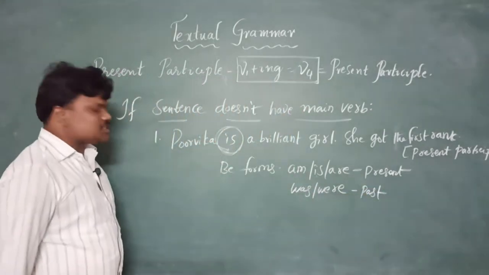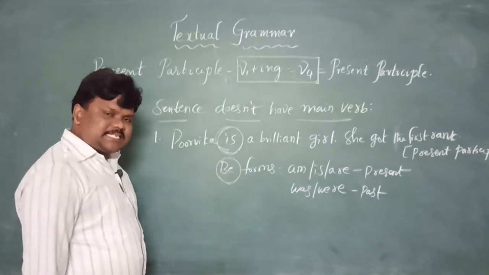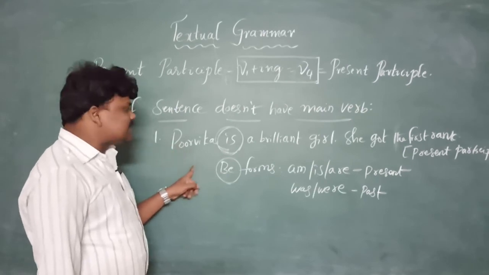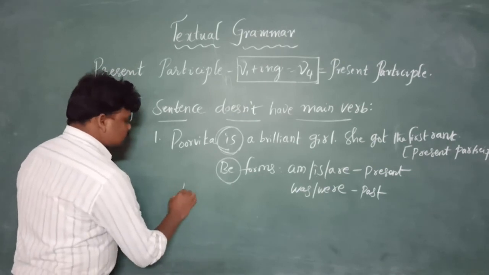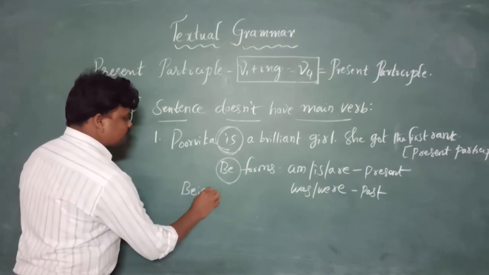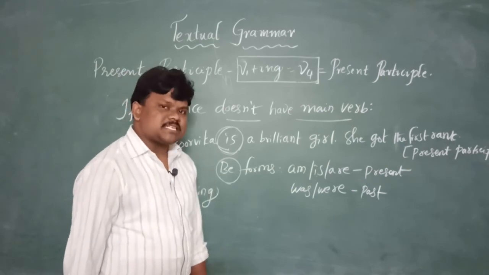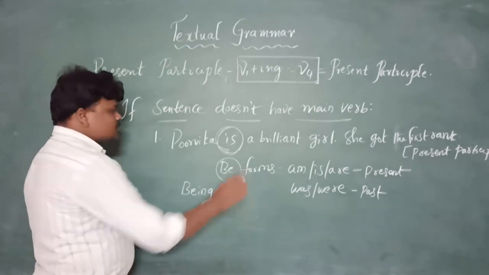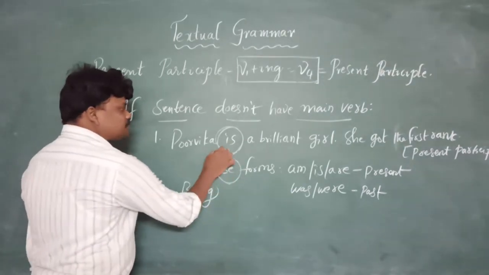As it is a be form, if a sentence came with these be forms, immediately begin your answer with being. What is the answer, my dears? Being. Why did we start with being as it is a be form?